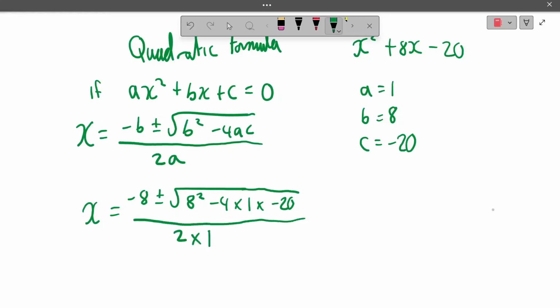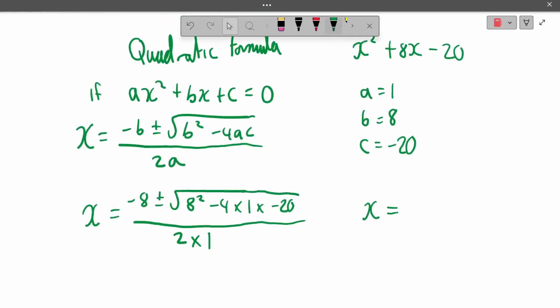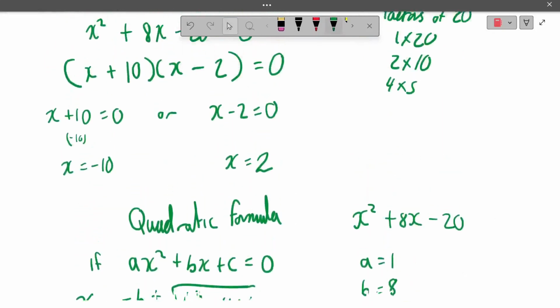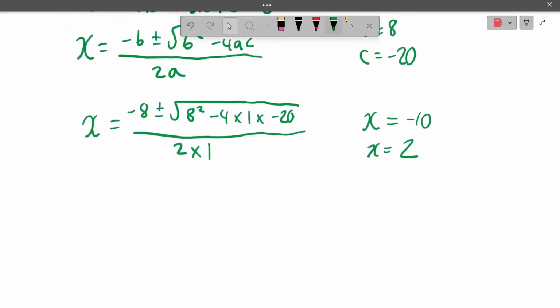And you plug that into a calculator, whichever calculator you've got. Obviously, it has to be a scientific one. And you would get x equals minus 10 and x equals 2. So there's two ways to solve our equations.